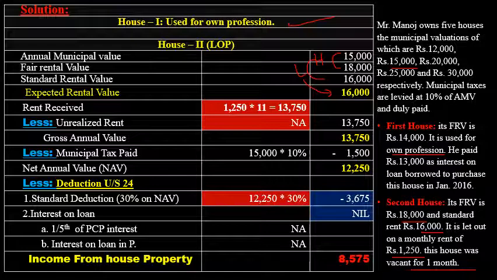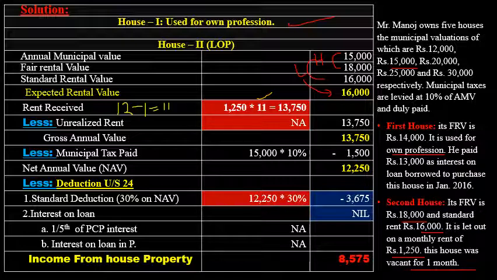Next is rent received. The rent of the second house is 1,250 per month, and the total let out duration is 11 months, because there is a 1 month vacancy. So out of 12 months, 1 month vacancy. So total let out duration of the second house is 11 months.